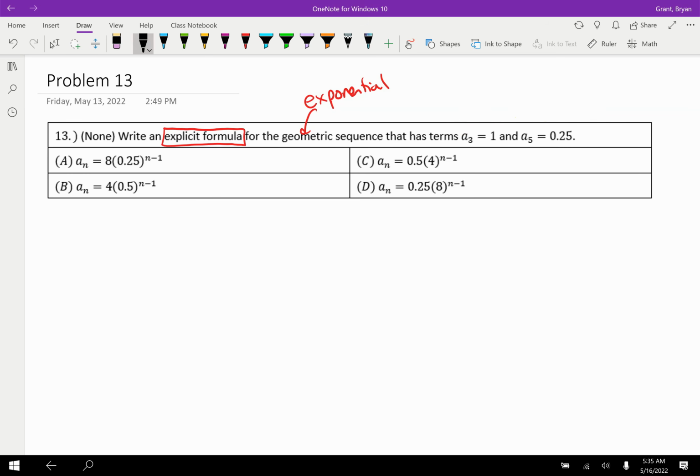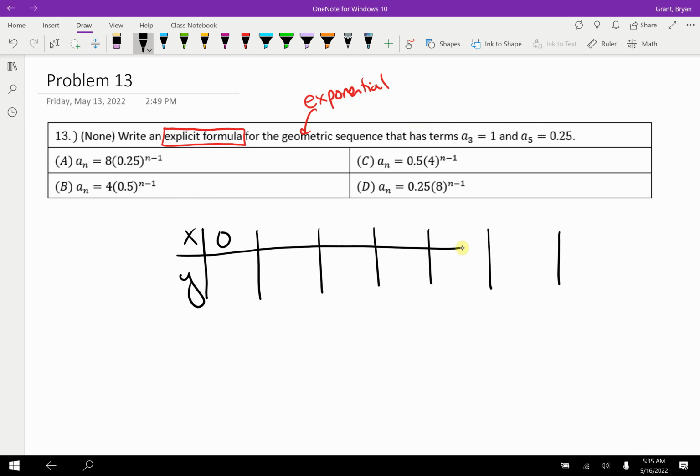It goes a little bit further, and just like the last one, we're going to go through and make a quick xy table. Okay, I'm going to start x at 0, and we're going to work our way up here. 1, 2, 3, 4, 5. There we go. I've probably made better tables, but that's okay. And what do we know?